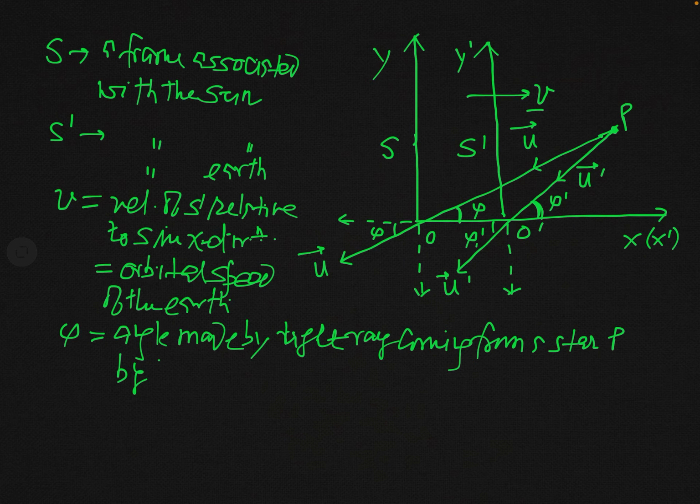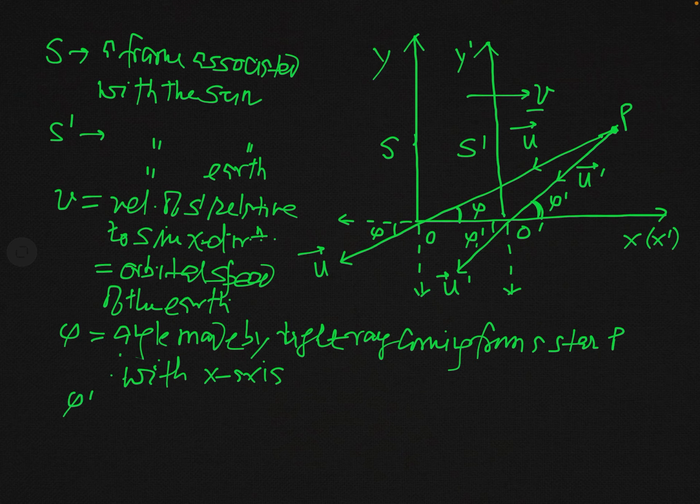Light ray, angle made by light ray coming from a star P with the x-axis. So you can say that the observer O actually sees that the direction of the light ray is measured by this phi.